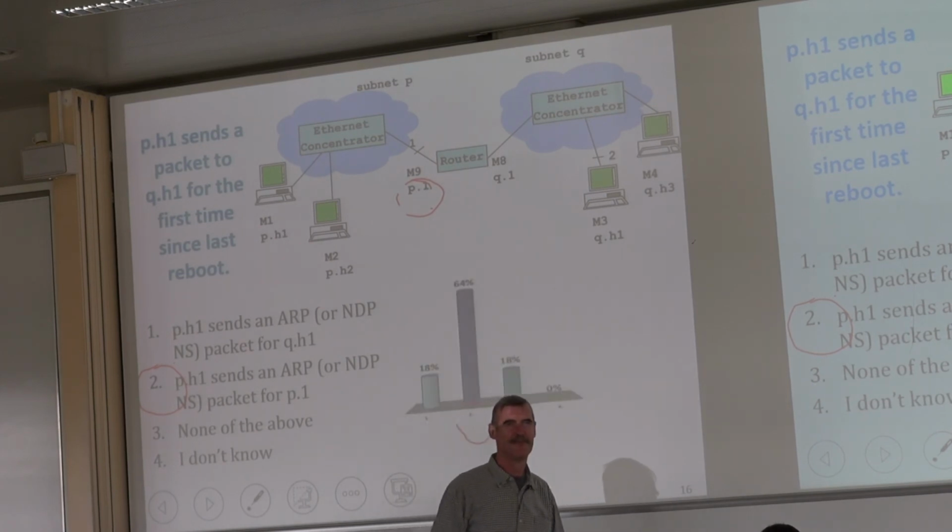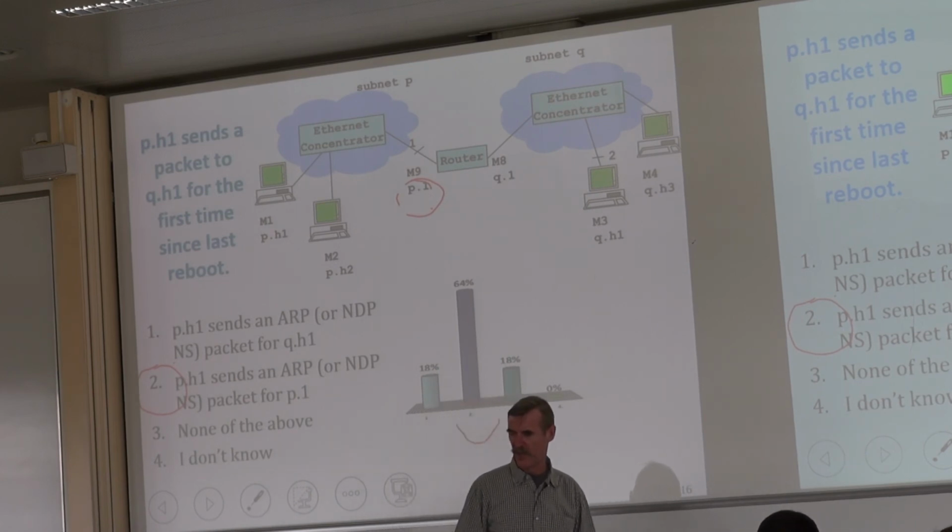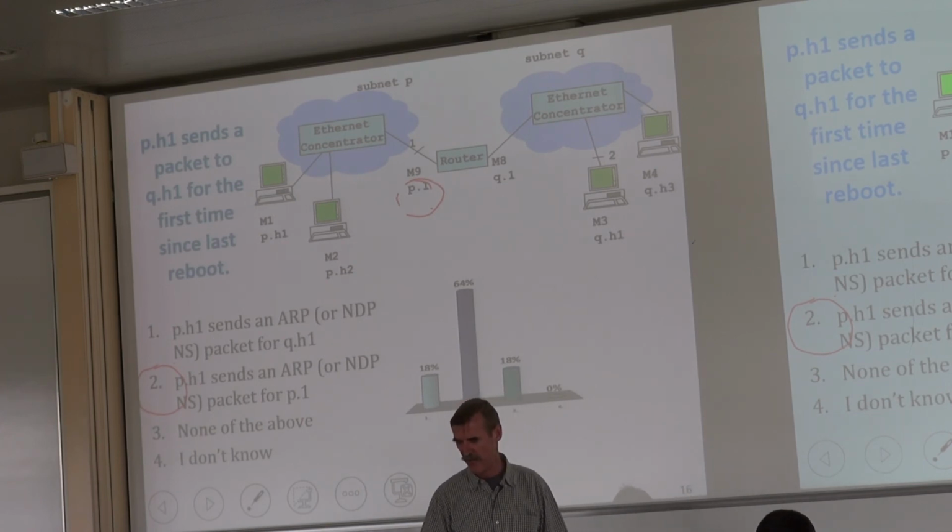Yes? Why doesn't he just ask because this IP address? Why doesn't he send to everyone? I don't understand. To R1? To everyone. The ARP packet is sent to everyone inside this domain.